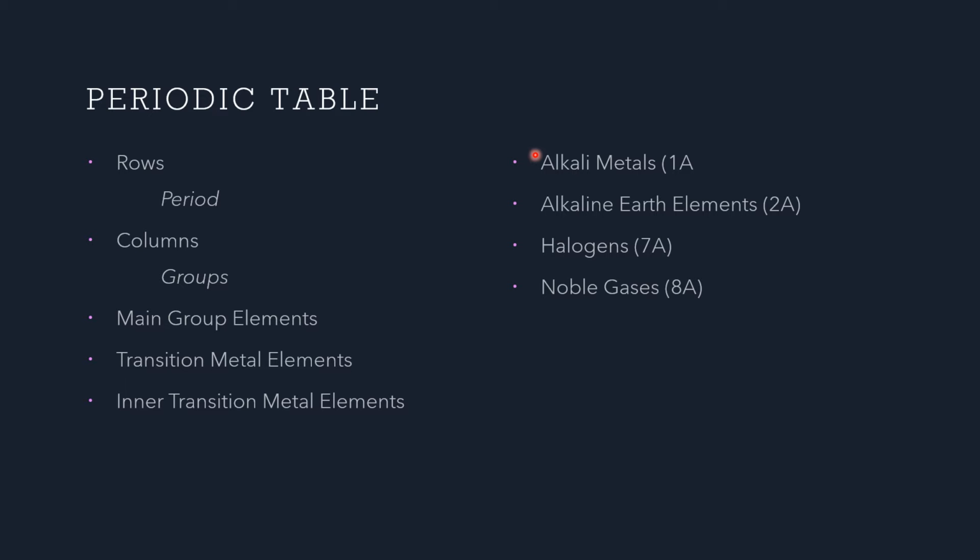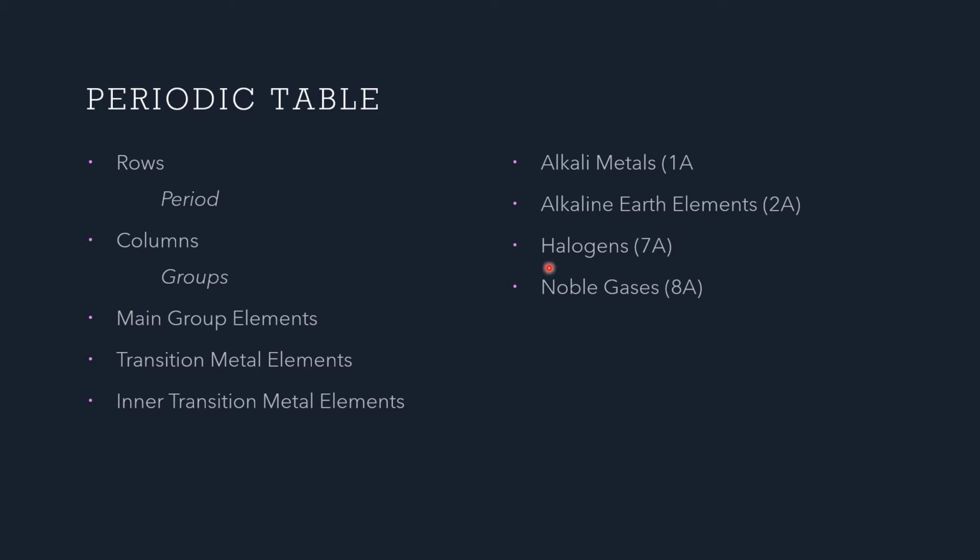If we're looking at these two groups, they're metals, so they conduct electricity and they're solid at room temperature, but they act in similar ways to each other, and they're really reactive, so you're going to find them in a lot of different types of molecules. If we go to the other side of the periodic table and we see 7A and 8A, the halogens and the noble gases, these are also very important.